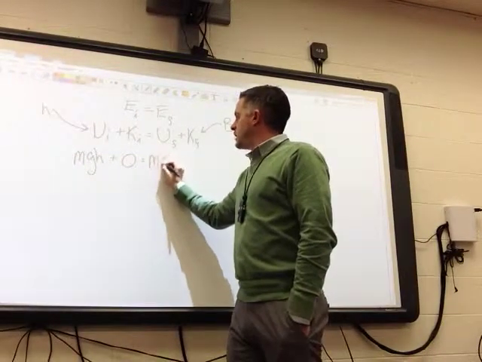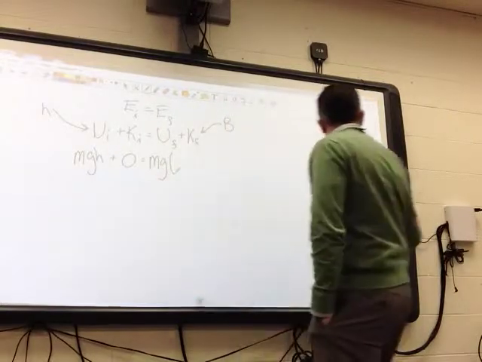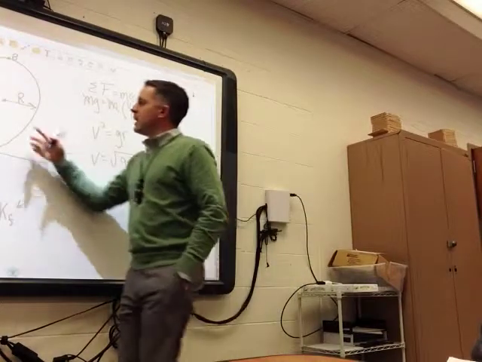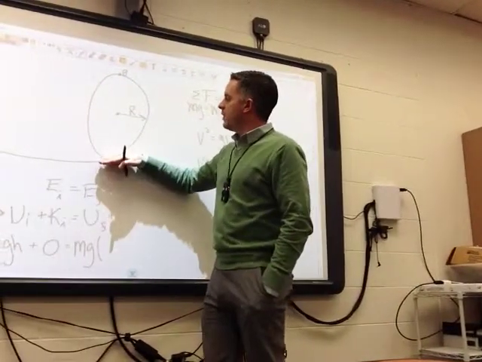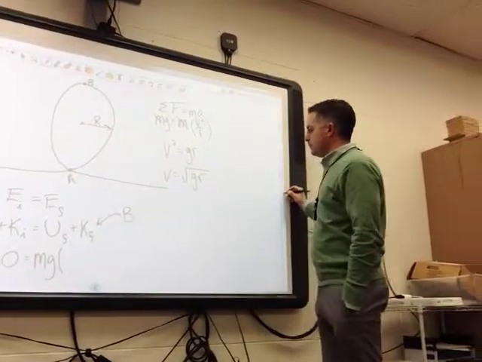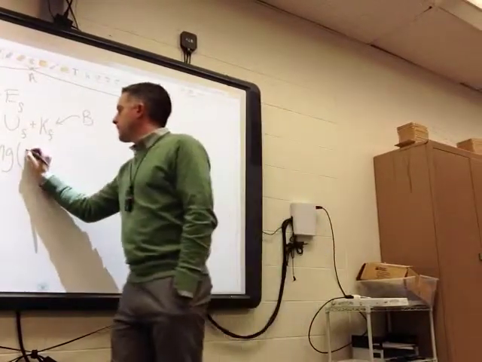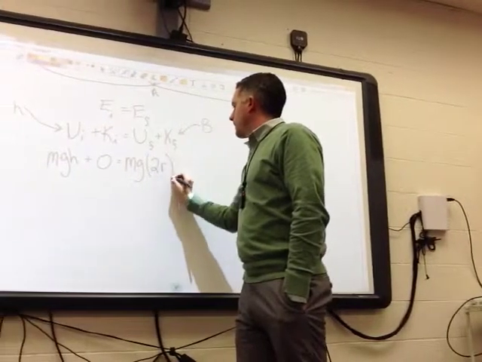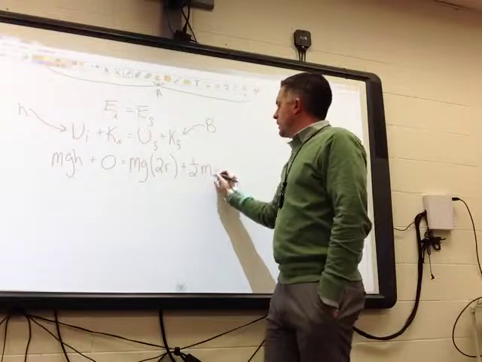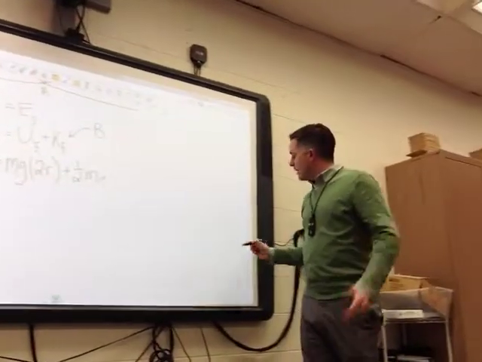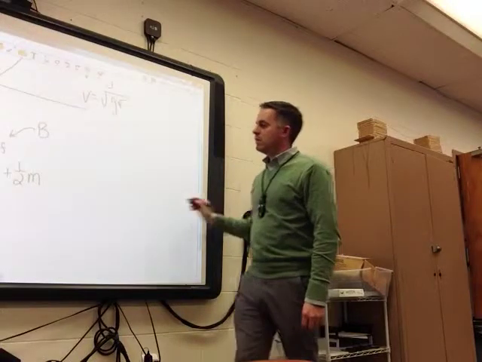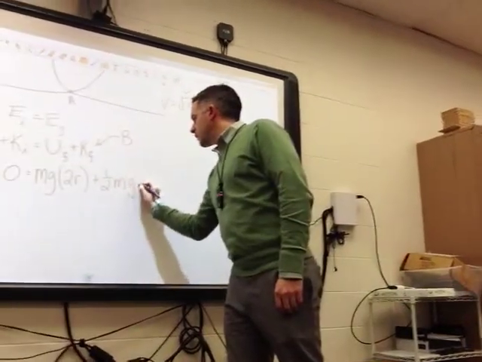Next we have mg. Now the height of point B, if we look at our circle with a radius of r, the height from the ground is equal to 2r. Then we have 1/2 m. Now we know what v squared is. V squared is gr, so I'm just going to plug in gr right here.